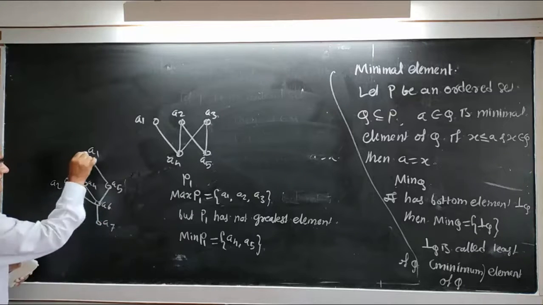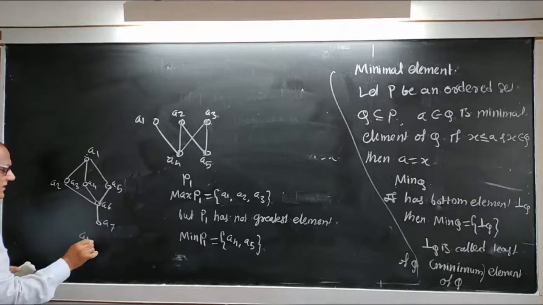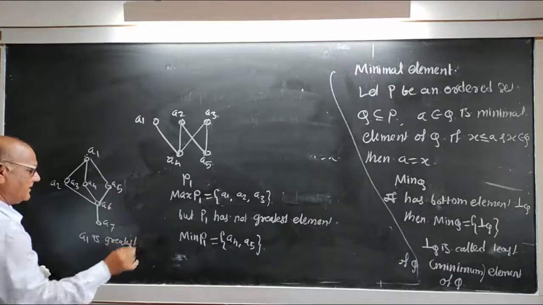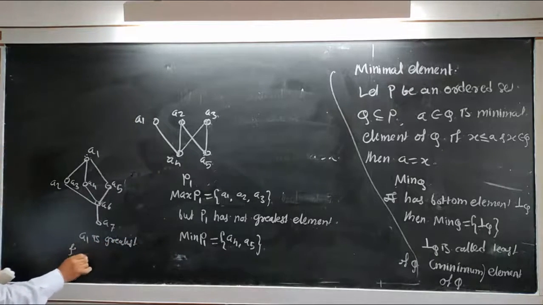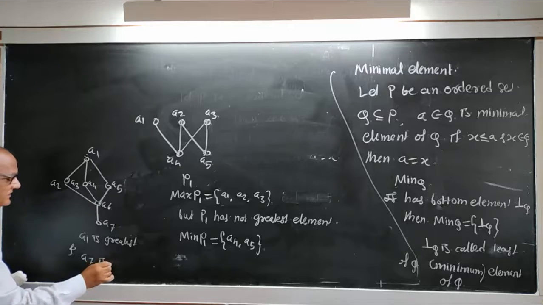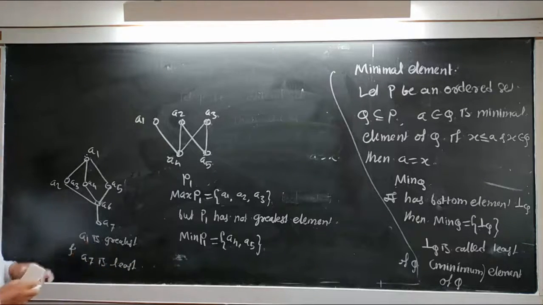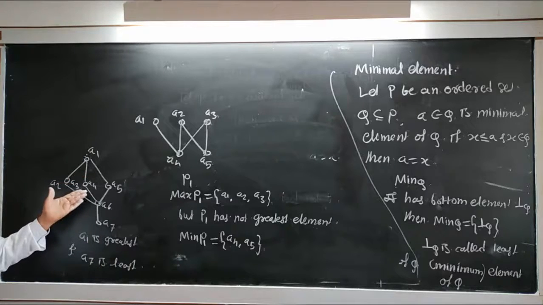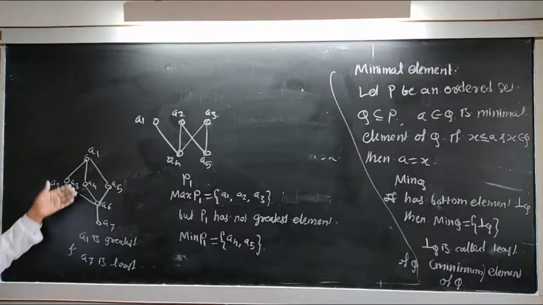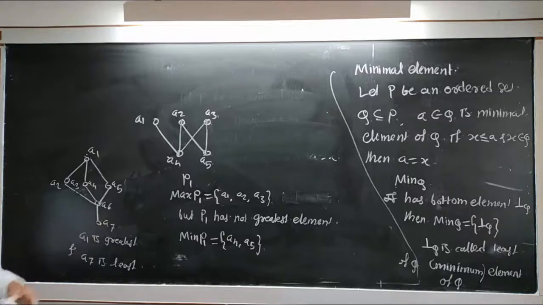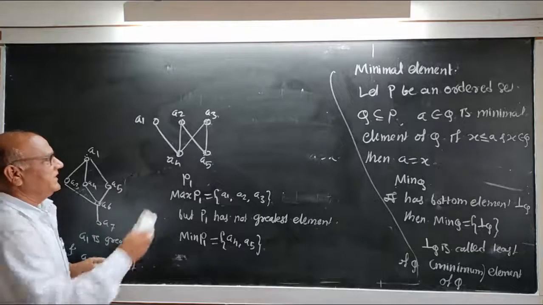Here A1 is the greatest element and A7 is the least element. A1 is the greatest of this poset diagram, and A7 is the least element.